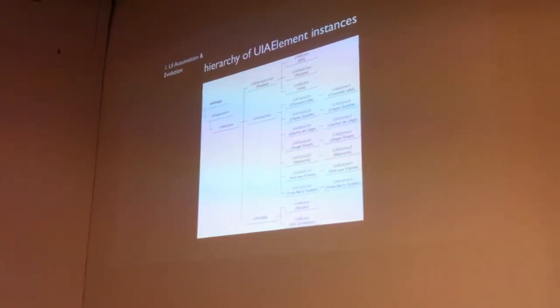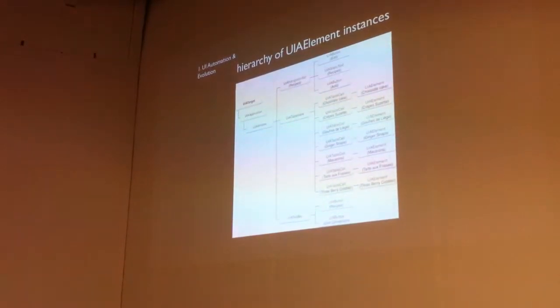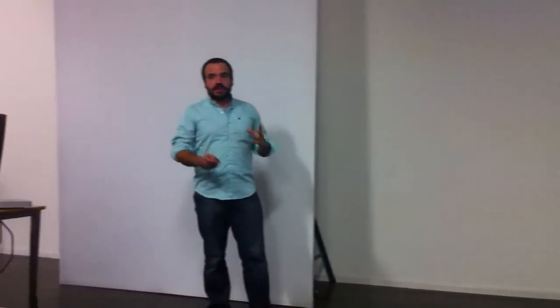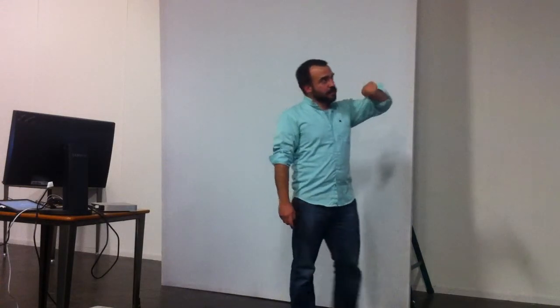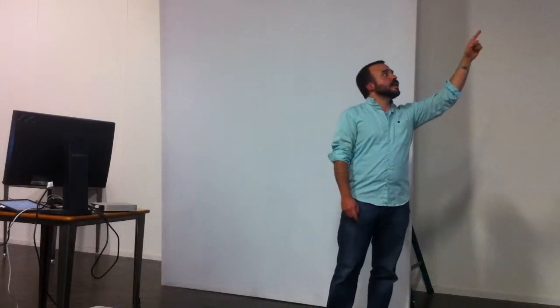I'm going to introduce the UIAutomation framework structure a little bit for those who don't know it. UIAutomation basically maps the visual classes from iOS to JavaScript classes. At the top, the superclass of all of them is UIAElement.